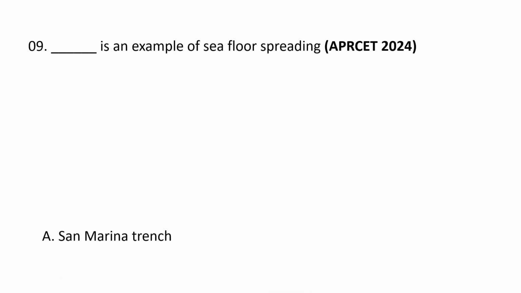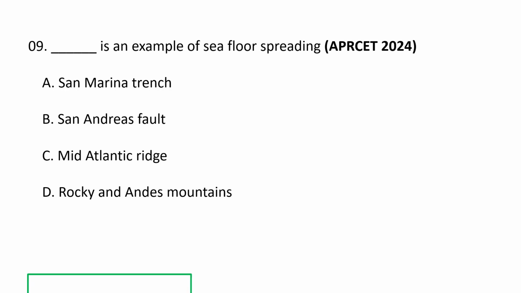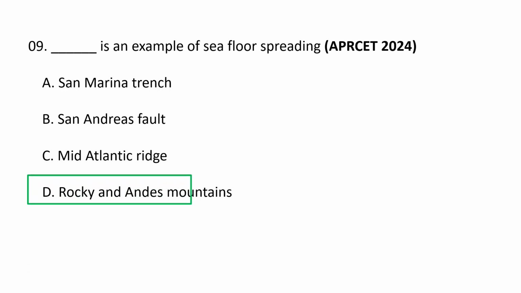Next question. Which is an example of seafloor spreading? A. San Marino Trench, B. San Andreas Fault, C. Mid-Atlantic Ridge, and D. Rockies and Andes Mountains. The correct option is C, Mid-Atlantic Ridge. The Mid-Atlantic Ridge is a prime example of a mid-oceanic ridge where seafloor spreading occurs.